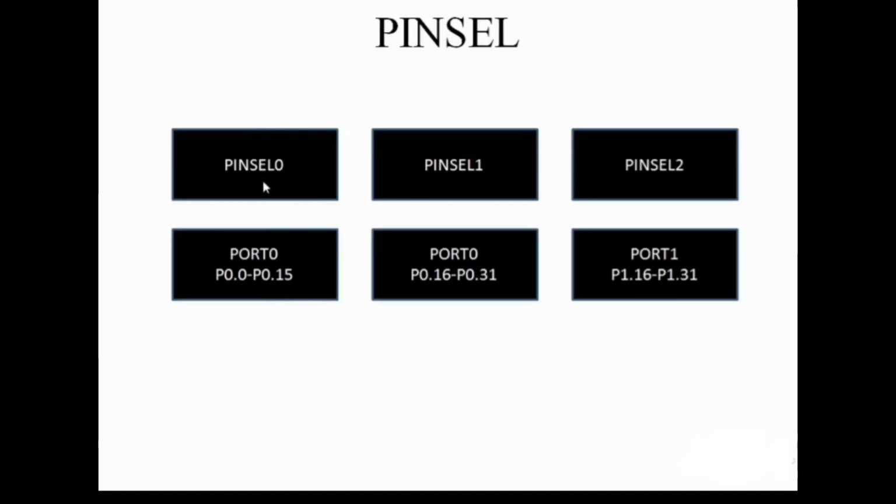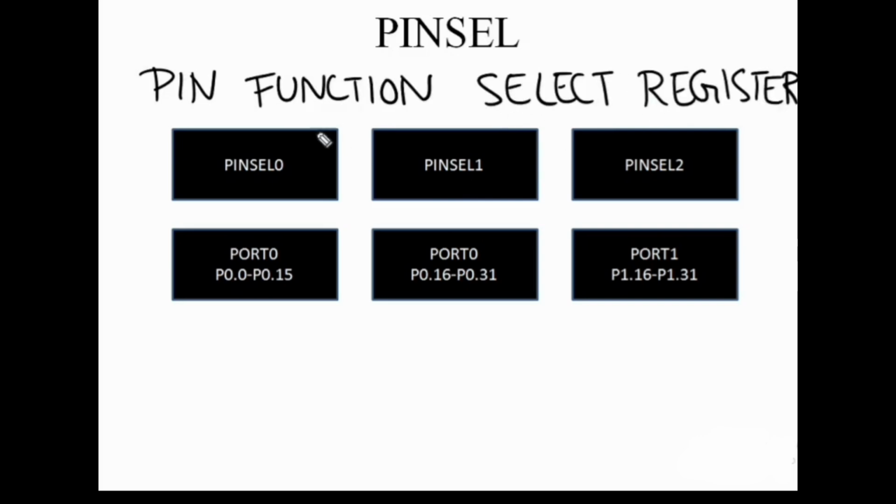These are the registers we have to learn: PINSEL0, PINSEL1, PINSEL2. The full form of PINSEL is pin function select register. As the name suggests, we use these registers to determine what exact task is to be performed by a particular pin of a particular port.